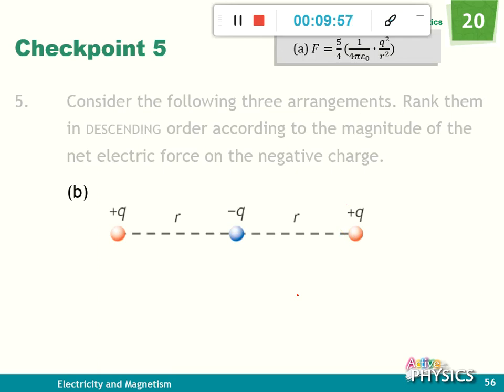How about part B? Part B will be the center one. Due to symmetry. What is the symmetry? You can draw a line of symmetry. You can find that reflection. In this case, positive and negative attractive force.